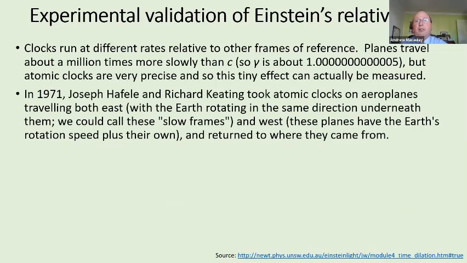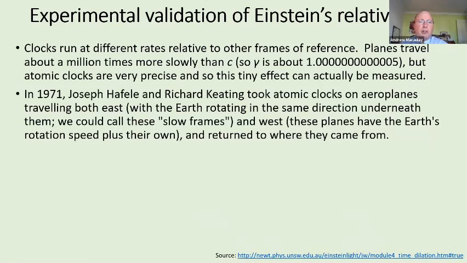1971. So this is almost 70 years after Einstein came up with the theory of special relativity. This is after 2 world wars plus subsequent disturbances and wars.